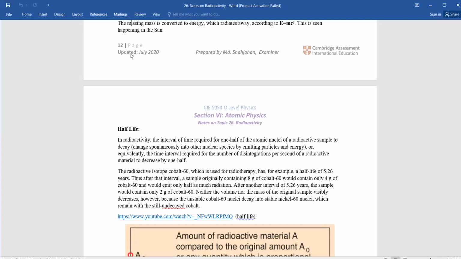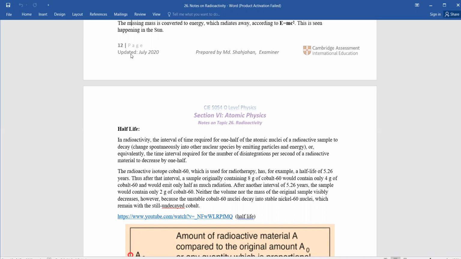Okay, so in this paragraph, you got two definitions of half-life, right? One definition is related to the number of disintegrations becoming half. That one I said, the number of readings or counting you are getting in the Geiger-Müller tube. If the number of emissions is more, then you are getting more reading in the Geiger-Müller tube.